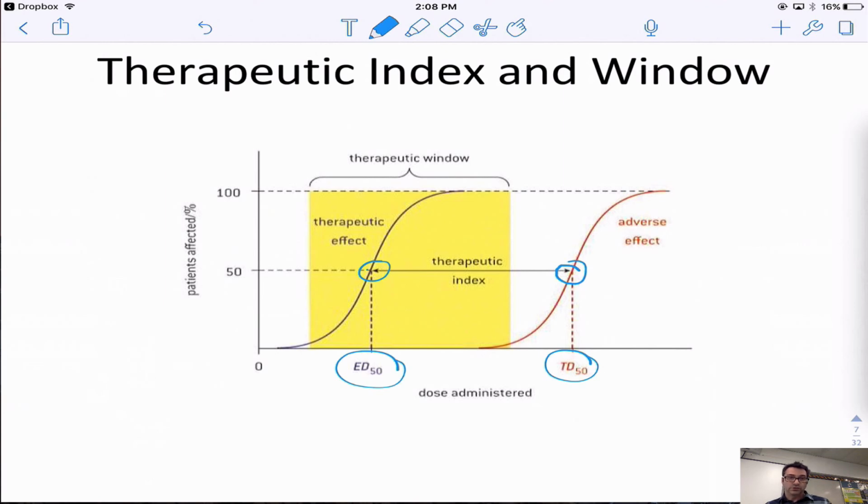If we were to push these closer together, that therapeutic index would be much lower. The therapeutic window here is the patients affected percentage. So, if we can get 100% of patients affected in a safe range, that will be really great. If there's an overlap between the toxic dose and the effective dose, then you end up where the drug will not be considered safe.